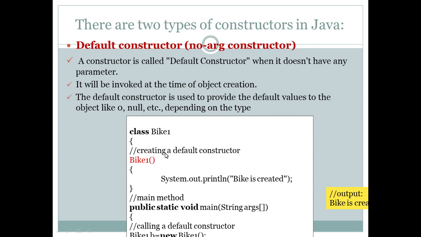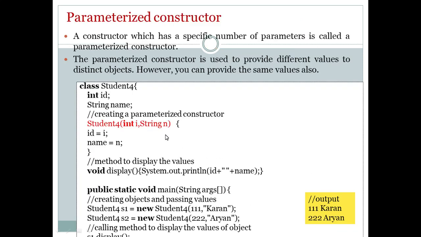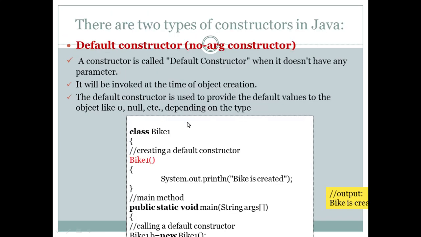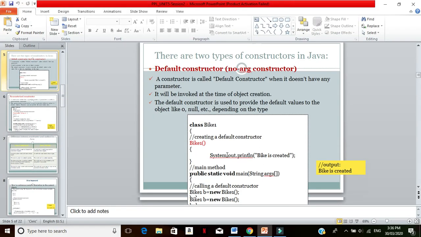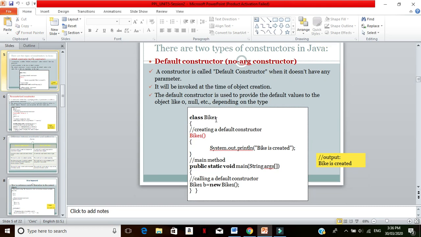For example, here I am having one class Bike1. Now I am going to create one constructor, Bike1, which is my constructor. In that I write one statement, System.out.println("Bike is created").